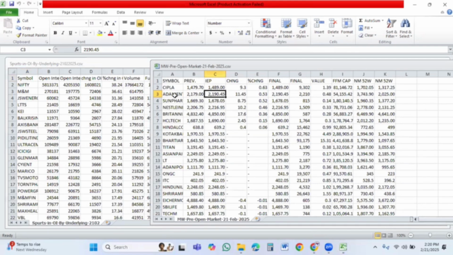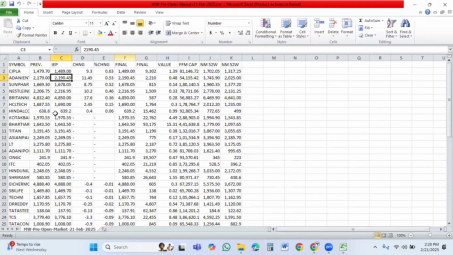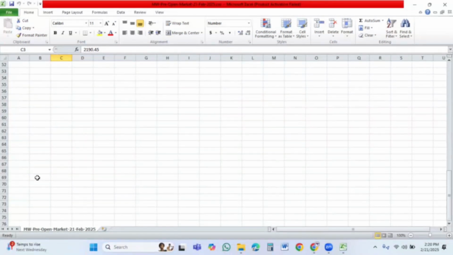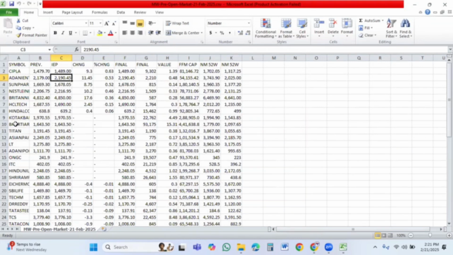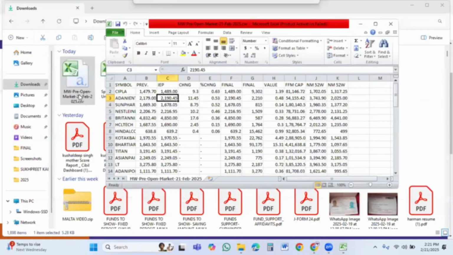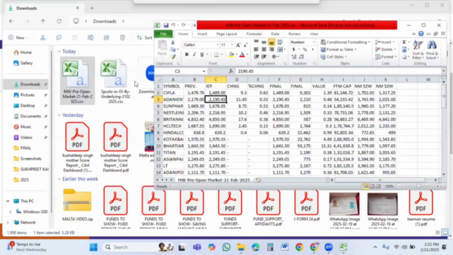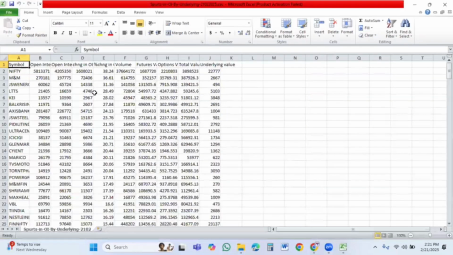We will look at the first few stocks on the top, and we will look at the last few stocks at the bottom. We can choose 5 to 8 stocks at the bottom and 5 to 8 stocks in the front, and then we go into the OI spurt file, and you shall see that in the OI spurt file you will find some common stocks.